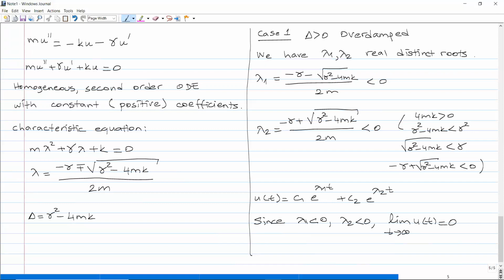So you see in the overdamped case, the position is going to approach the equilibrium position. Okay, and you can consider this equation in detail. There is at most one local minimum or maximum.